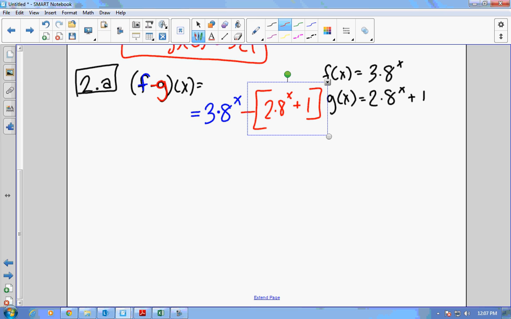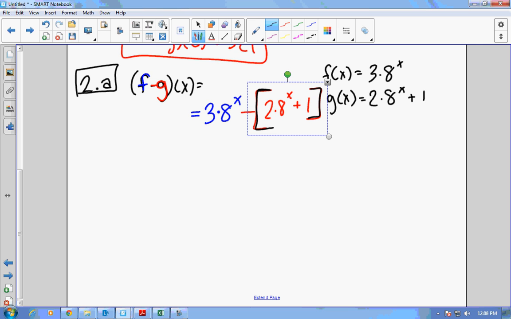What do you think we'd do next, Bella? Yeah. Times what through the parentheses? Well, we don't know what x is, so we can't do 8 to the x. I definitely think something needs to be multiplied into those brackets, though. Does anyone know what needs to be multiplied in? AJ?